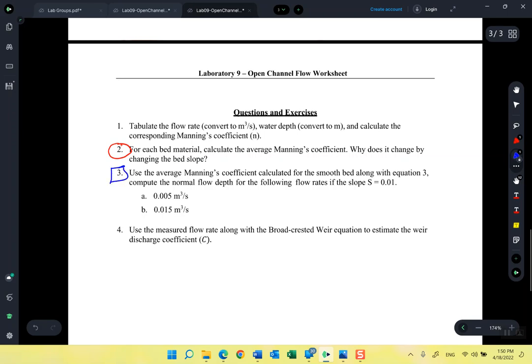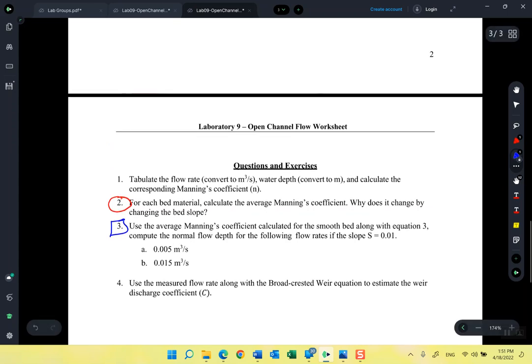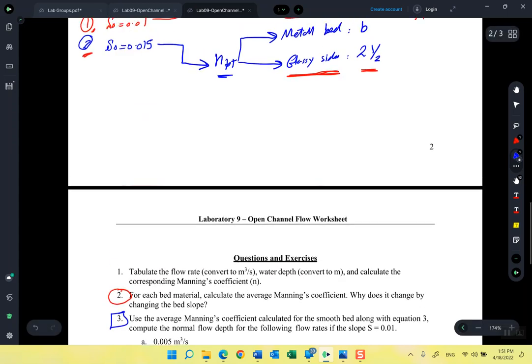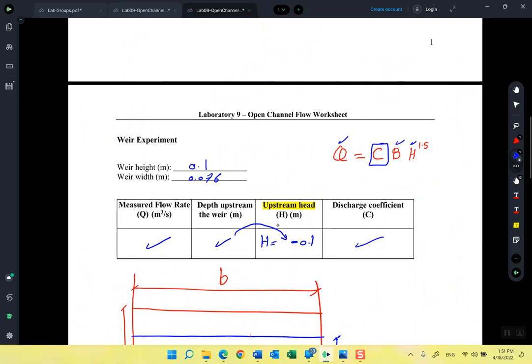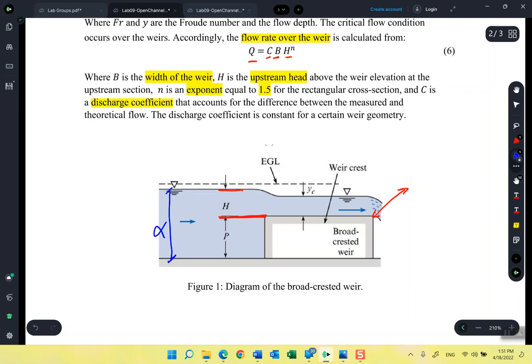So the H value is the same, the head upstream. The depth upstream is the value that we measure. Let's go back to the schematic view.